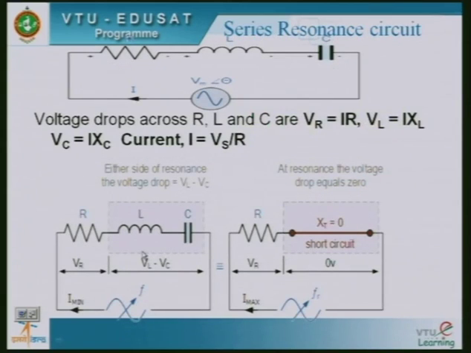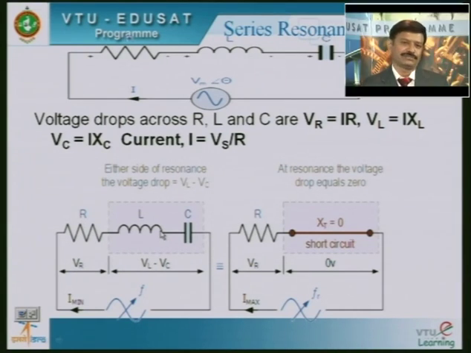You can observe the second figure here, the same figure, where I have considered the LC circuit, capacitor and inductor connected either way, either in series or parallel. We can achieve the resonating condition or resonance frequency.